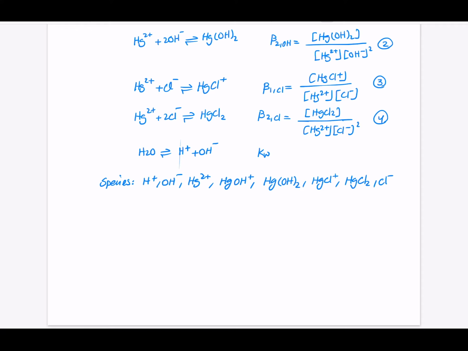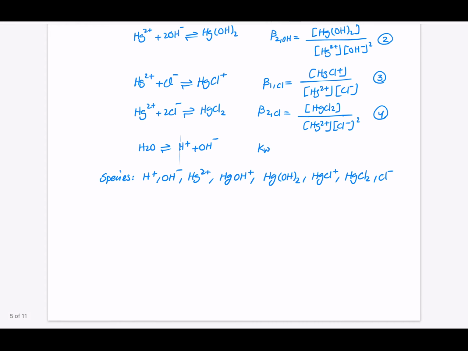Hg2 plus cannot be introduced by itself. It has to be introduced accompanied by an ion. And we really don't need charge balance as long as we're not going to calculate pH. So here we're not able to calculate the pH of the lake. That's it. But we have the mass balance.